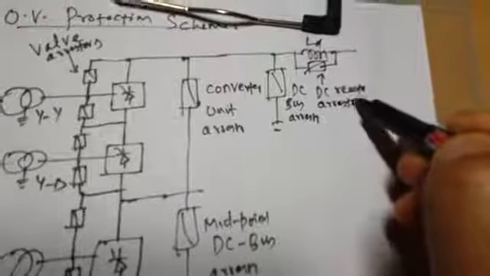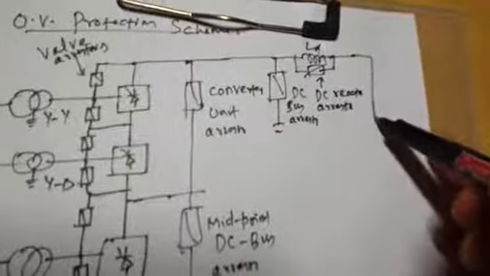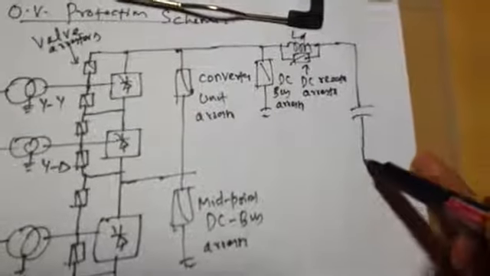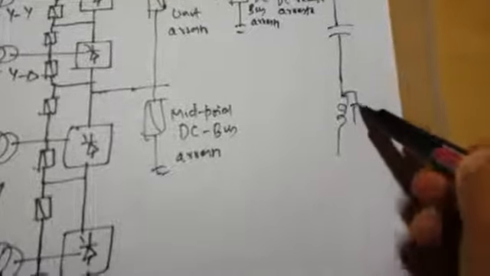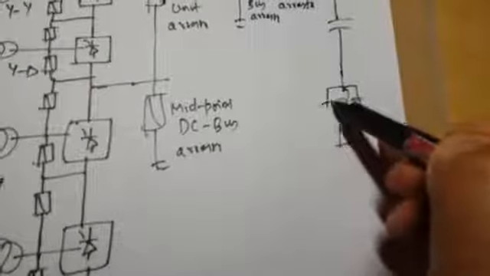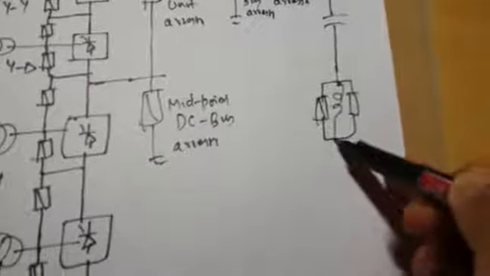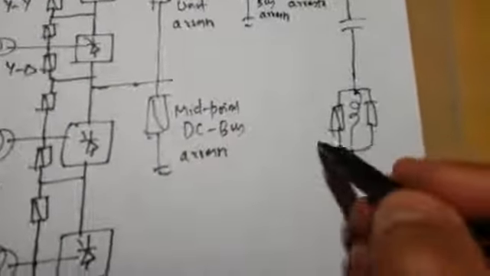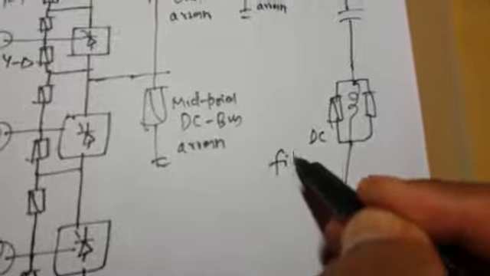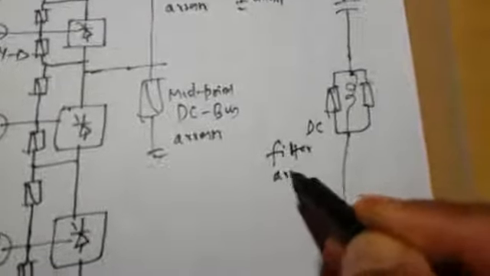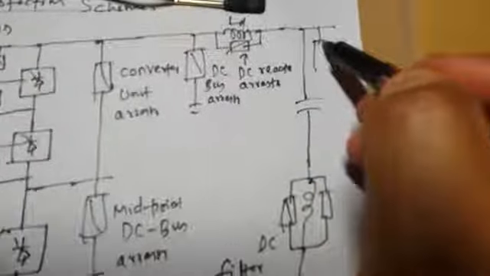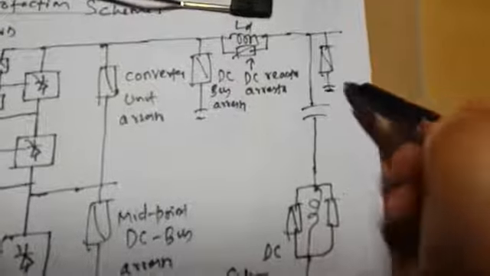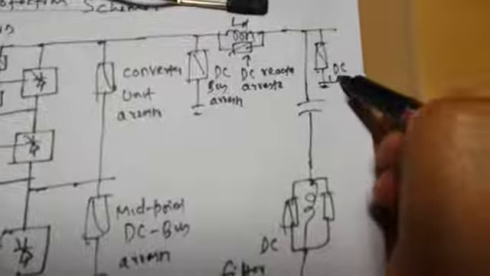This protects the DC reactor against over voltages. Then you have a DC filter here. On the DC side also you have a filter, and this is your DC filter, and this is the DC filter arrestor. And finally you have a DC line arrestor here.